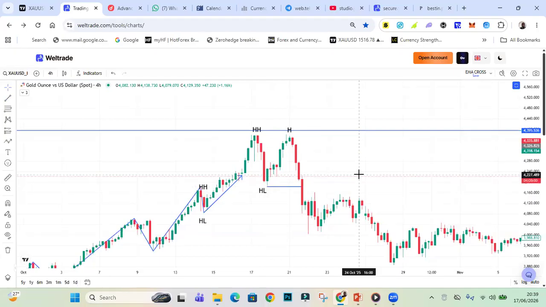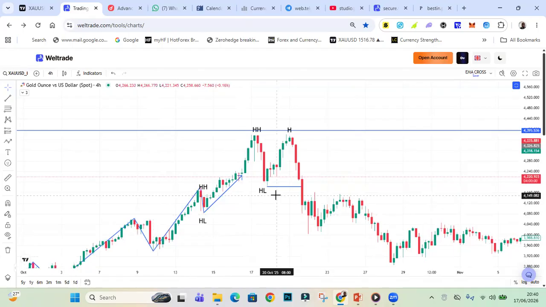Previously, when the market was going up and down, the lows were always maintained. So the new low is always higher than the previous low, and the new high is always higher than the previous high. But we got here and we saw that the previous low was broken to form another low.